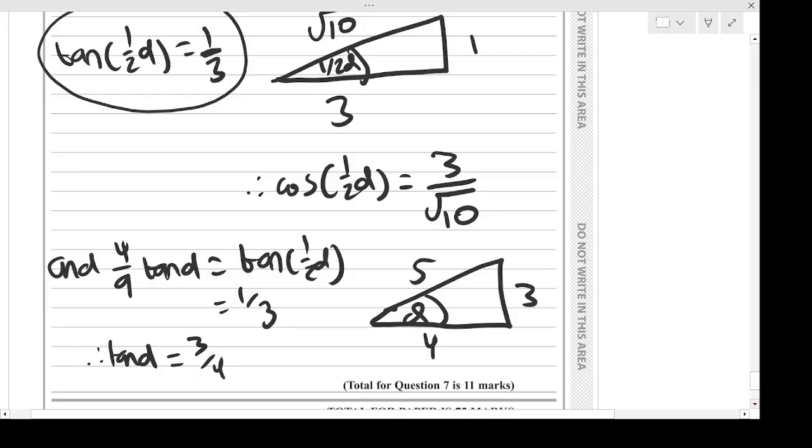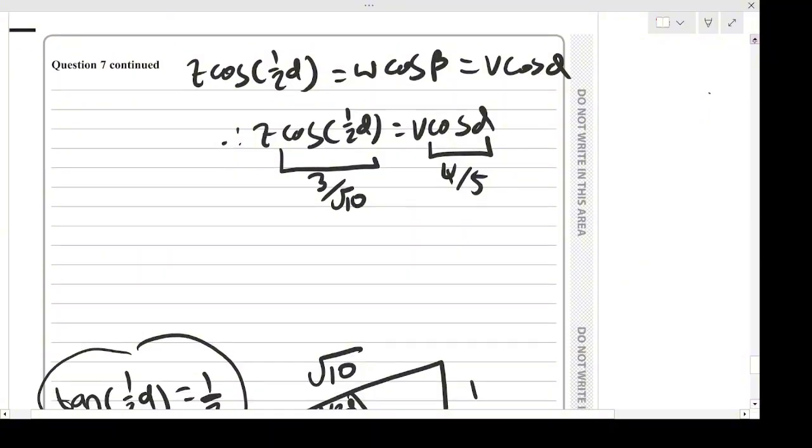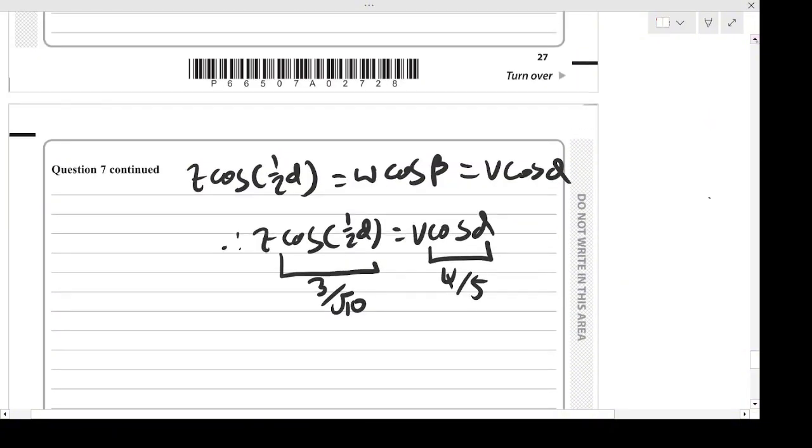Therefore I can see that cos of alpha is going to be the adjacent 4 over hypotenuse 5. And there we are. So cos of alpha is 4 over 5. So now we get the equation simplified to 3 over root 10 lots of z to be 4 over 5 v.